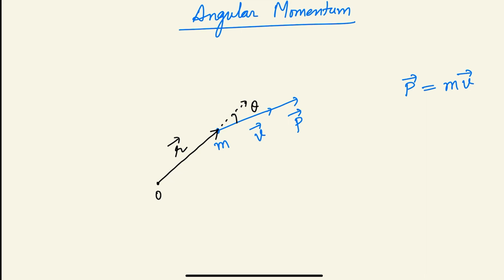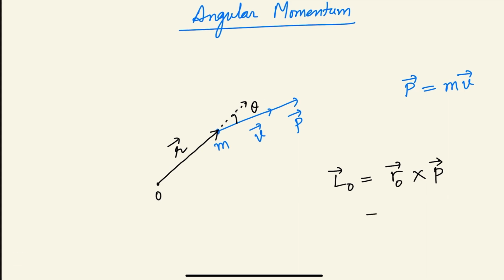Angular momentum is defined with reference to point O as the radius vector r cross the linear momentum vector p, r cross p. This can also be written as r cross m v, which can also be written as m r cross v.